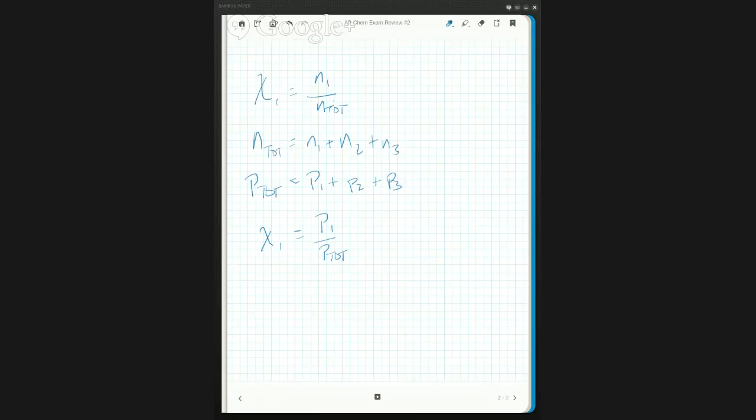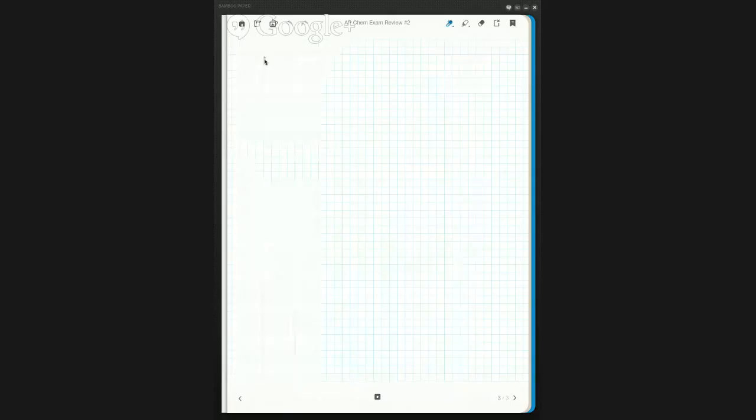All right, I guess I'll try this. We've got a mixture of 1.0 times 10 to the third mole of O2 and 4.5 times 10 to the third mole of helium.